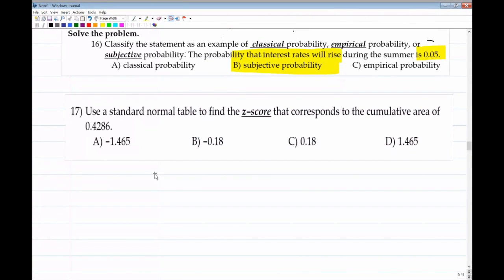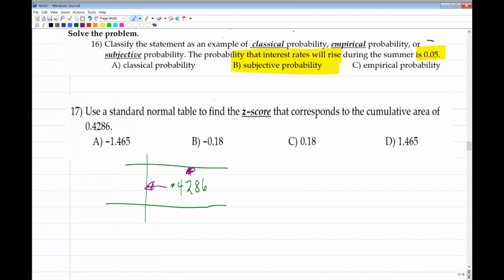Oh, this is for a cumulative area. So you have an area under the curve. Over here, an area of 0.4286. We need to find where this came from. This came from somewhere over here and something over here.